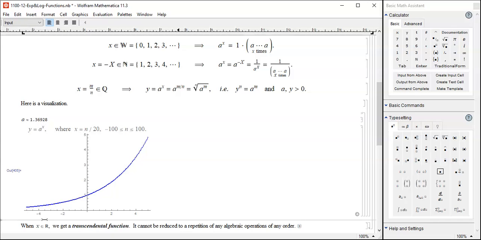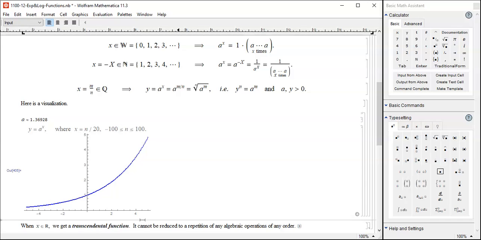And then repeated multiplication of a given by this radical operation for x value n over 20, where the numerator is running from negative 100 to positive 100, which means the overall fraction is between negative 5 and positive 5, and there are 200 dots here, and the increment is 1/20th.